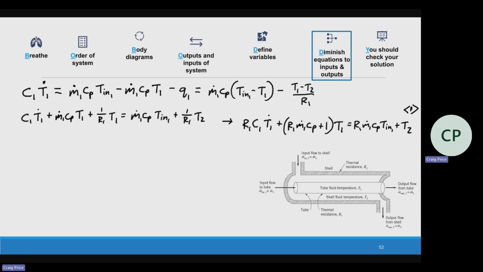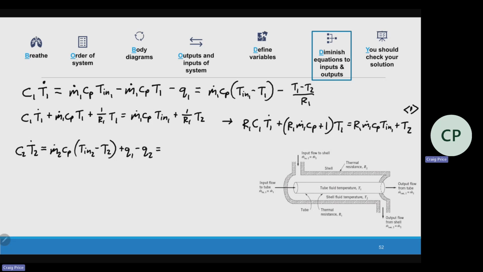The second one is very much like it. We've got C2 T2 dot. Just make sure you always have those. As I'm setting up the second problem, we got M2. And really, I can do the same here. It's going to be a Tn2 minus T2. In this case, I have a plus Q1, and then I have a negative Q2.